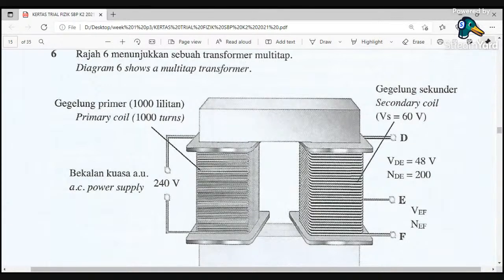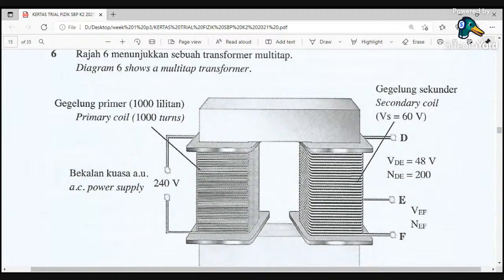Okay, we continue. Revision for SPM Physics, KSSM. So tonight I will continue with section A, number 6 to number 8, and then section B and section C, for Trial SPM 2021 SPP.